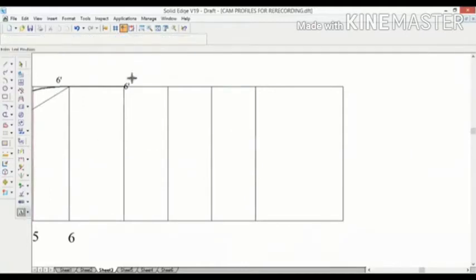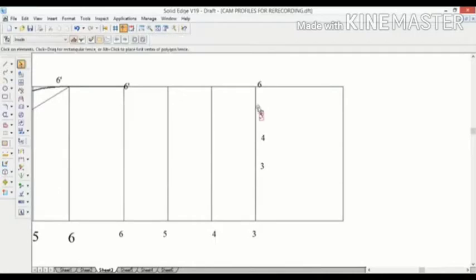Let us call the names. This is the name return stroke. So 6, 5, 4, 3. Here also we need to take the same thing, 6, 5, 4 and 3. So this is the midpoint, 5, 4, 3.